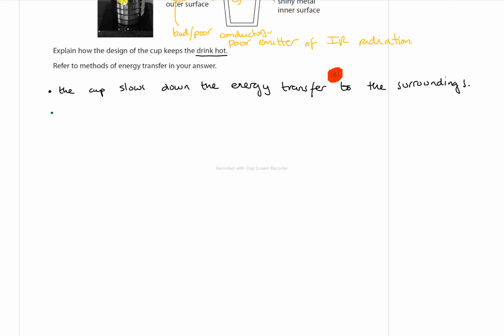Right, so with regards to conduction, this is how they've laid it out. They're talking about conduction first. Right, the vacuum contains no particles, so conduction doesn't happen.